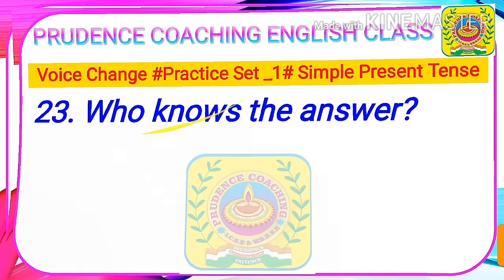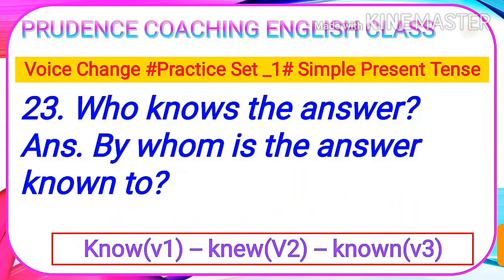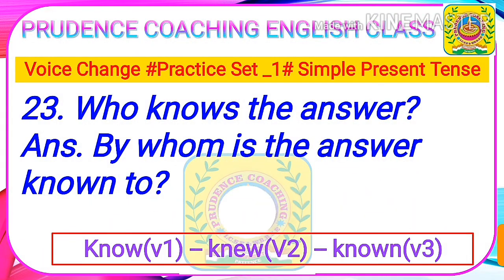As you can see, the sentence in the active voice is given in interrogative form, or you can say the question is given to us, and the question is starting with a WH word, that is "who". Whenever we have the word "who" in the beginning of an interrogative sentence in active voice, we need to start the passive voice by writing "by whom", because who becomes whom in the objective case.